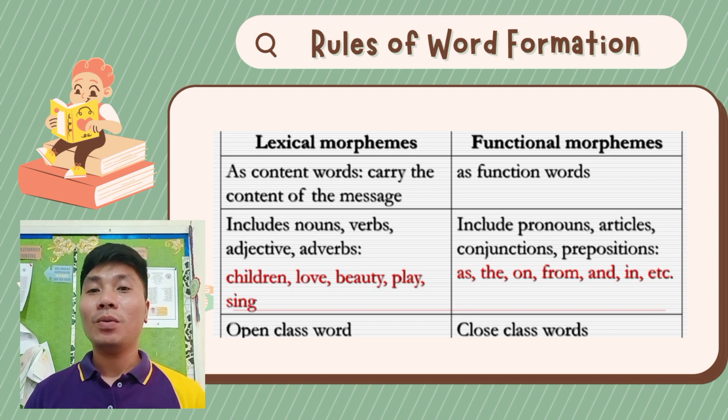They're also called open class words. And we have here functional morphemes. They're called function words, and they include pronouns, articles, conjunctions, and prepositions. For example, we have the words as, the, on, from, and, in, etc. They're also called closed class words.